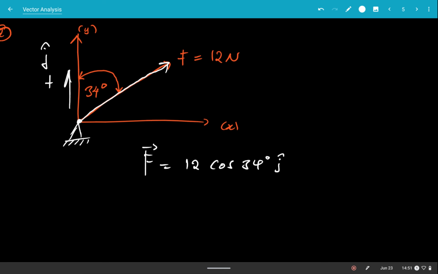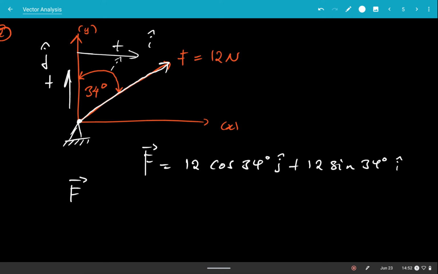Then I'll move in my positive x direction. Since my angle is pointing in the positive x, in my i hat that's where I'll have my sine. So I say plus 12 sine 34 degrees in the i hat.